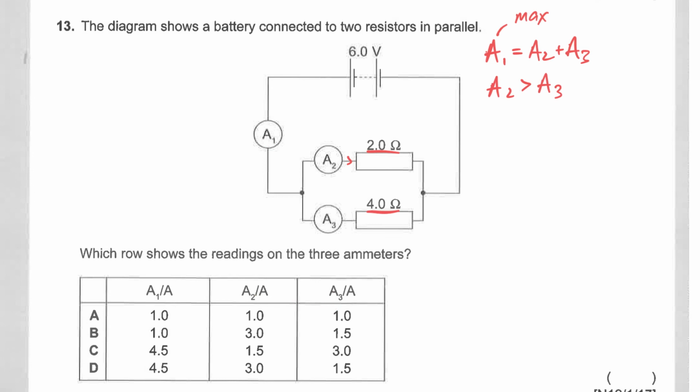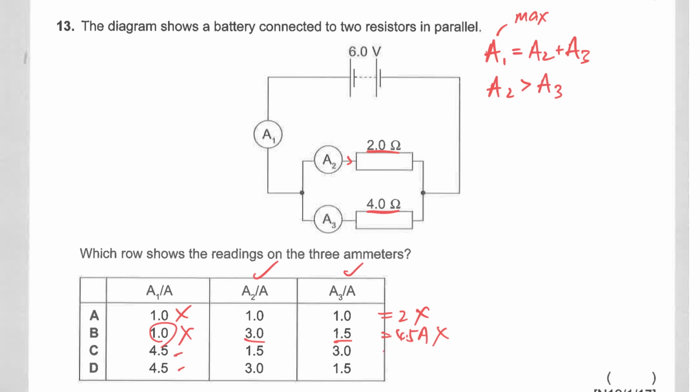For this case, A2 plus A3, the total is 2 ampere, which is not equal to A1. So this is wrong. Likewise for this, you will get 4.5 ampere, but A1 is not 4.5, so this is wrong also. Now the next one, 1.5 plus 3 is 4.5, so these two are possible.